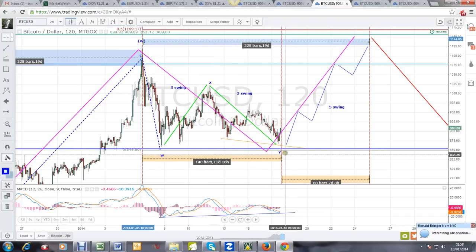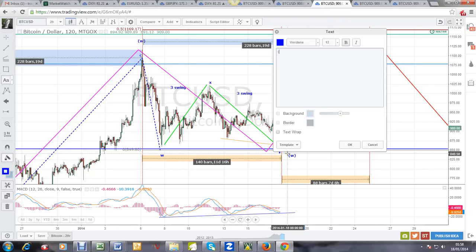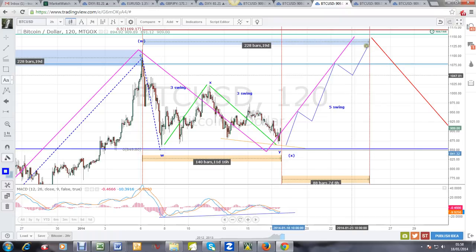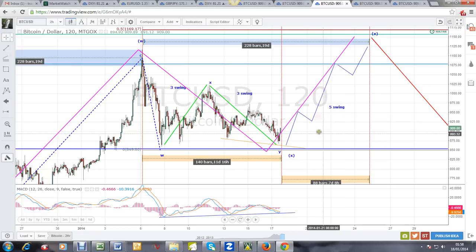Then this one becomes bracket X, and then I'm expecting this one to become bracket Y. Okay, bracket Y. Well, actually if this was W, the W, A, B and C. Okay, so let me change that.